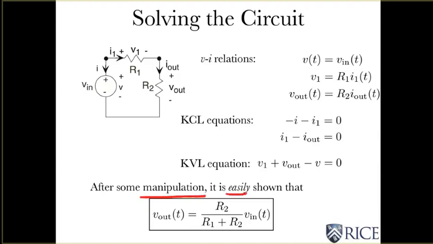I'll just say that after some manipulation, it's easily shown that what you get for an output is that the output voltage is proportional to the input voltage, and the constant of proportionality is given by the ratio of R2 to the sum R1 plus R2. It turns out we have derived this in general, right? We don't have specific resistor values, we've derived this in general.